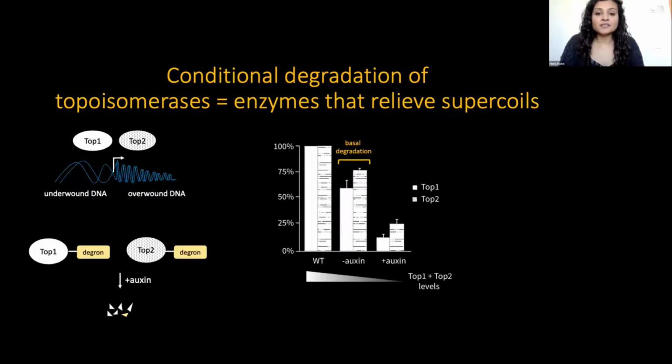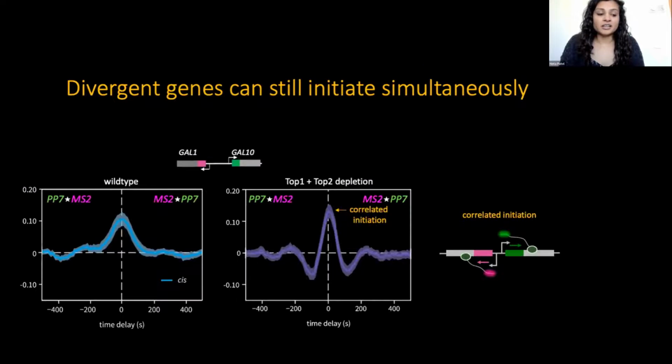And when we perform live cell imaging on these cells, we find that 50% of the cells are inactive for the expression of both these genes. But in the 50% that do show expression of the two genes, we computed the cross-correlation function. And compared to wild type, we still observe a peak at time delay 0, which indicates that these two divergent genes can still initiate simultaneously.